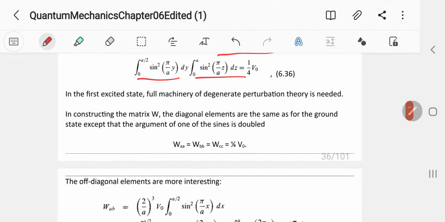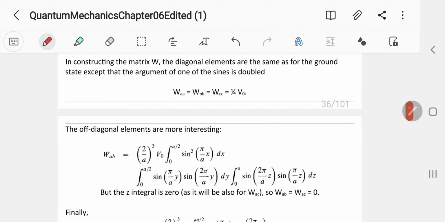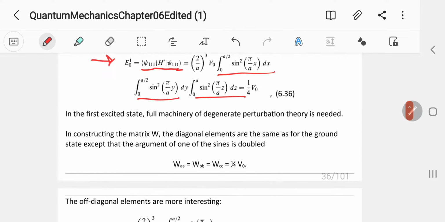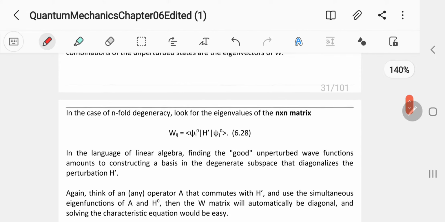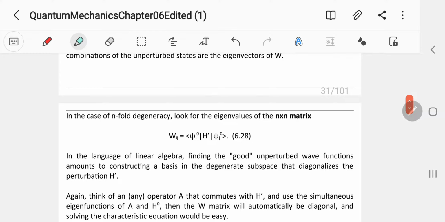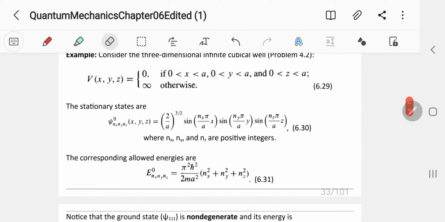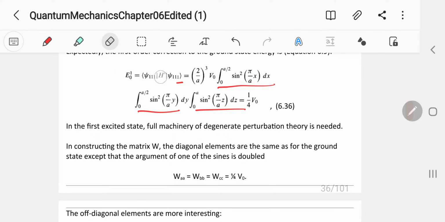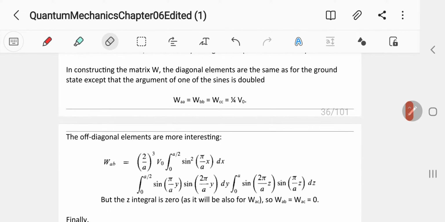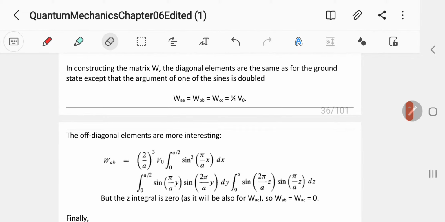So in constructing the matrix, we use the definition of the elements, which is just given by this one, and to construct it, we have to get each element.